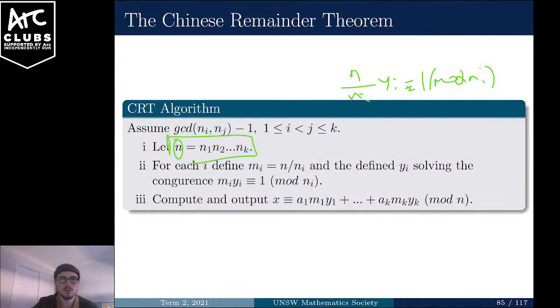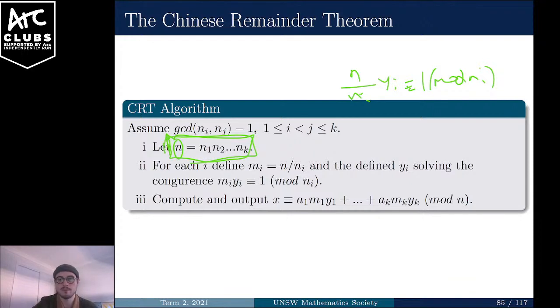You can do that in whatever way makes the most sense. If it's an easy one, you can just do it straight off the top of your head. Then you find all of these results, and you combine them together modulo this modulus, which is the product of all the individual ones.